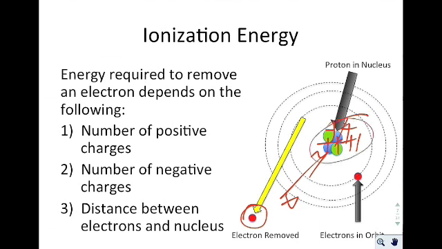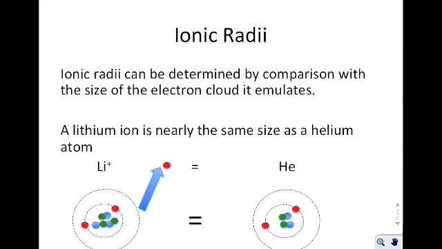The stronger the positive charge, the stronger it's going to pull a negative charge. Also, the number of negative charges: if there's a whole bunch of negative charges in between, like electrons that are full, that's actually going to make it easier to remove an electron. And finally, the distance between the two: the shorter the distance between the proton and the electron, the more difficult it is to remove the electron.